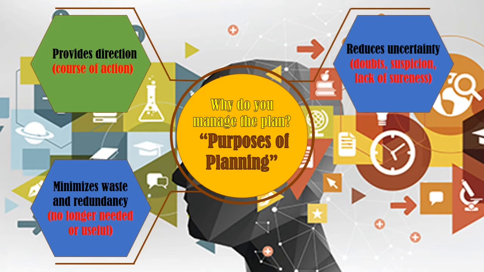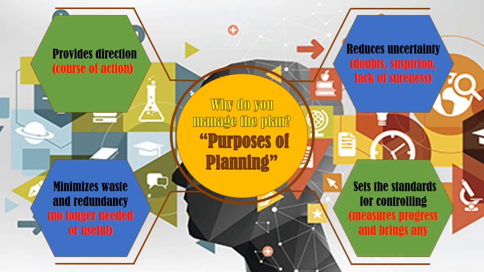And the fourth one is planning sets the standards for controlling, or in short, it sets standards or measures of progress, or if there's something that deviates from the norm, it brings corrective measures.